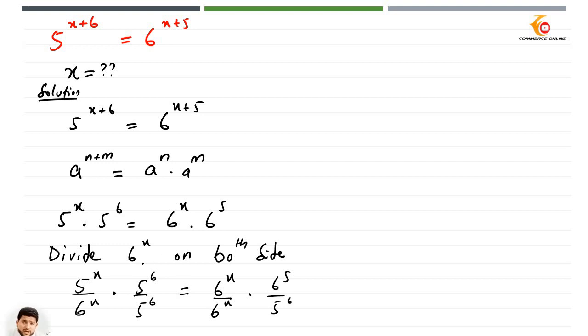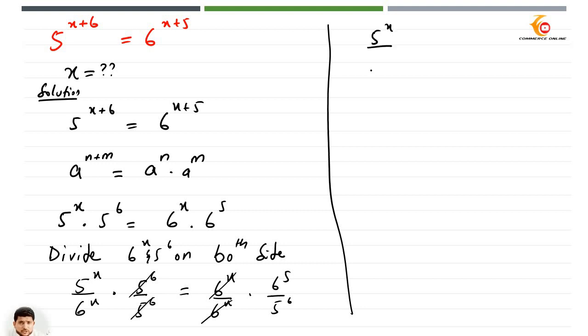So here I have divided by 6^x and 5^6 on both sides. So what will happen? This will cancel 6^x by 6^x, and 5^6 by 5^6. So we're going to have 5^x over 6^x equals 6^5 divided by 5^6.